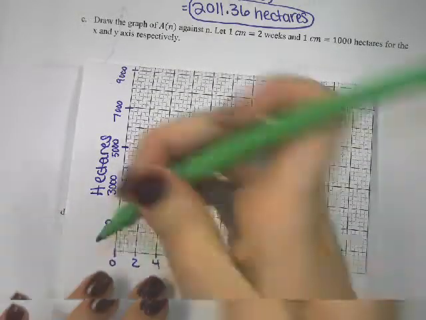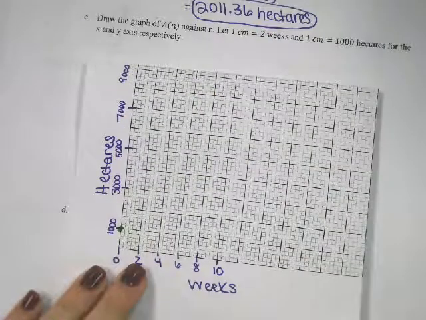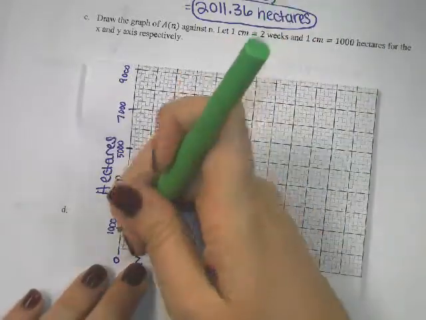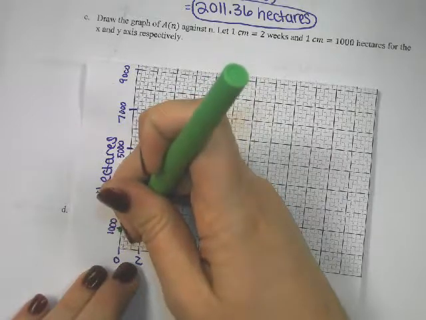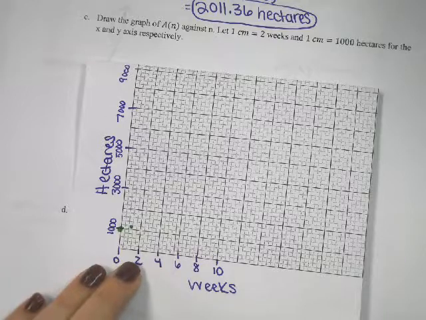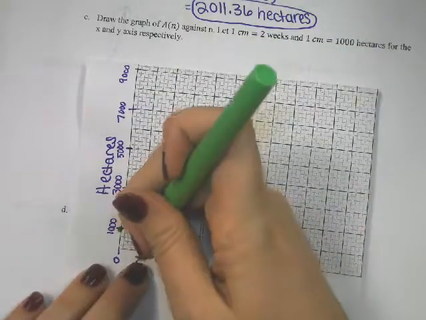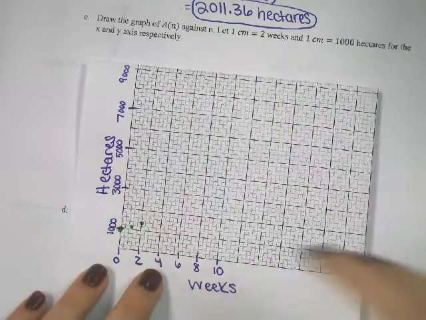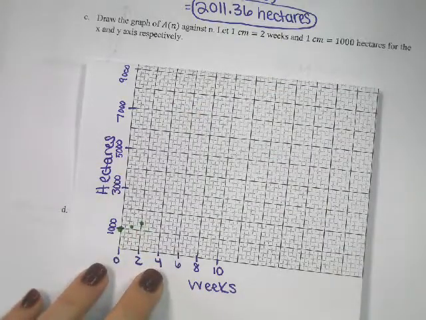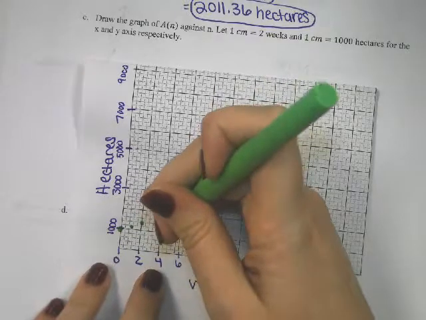So 0, 1,000 is our starting point. If I go 1, then it's at 1,150. 2, 1,322. I'll just skip to 4, 1,749.